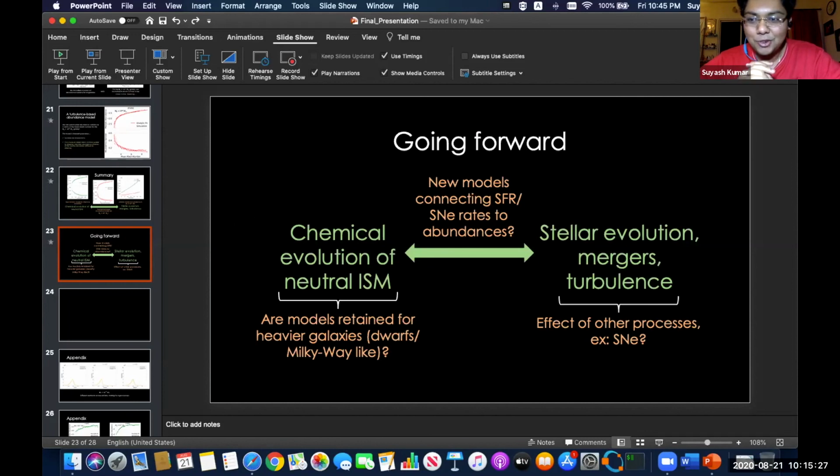I'm not too sure of their location, but one thing is that the most massive galaxy in our data set has a halo mass of roughly 10^12 solar masses, it is a roughly Milky Way sized galaxy. So it hopefully provides a window into looking at Milky Way sized galaxies in the future.